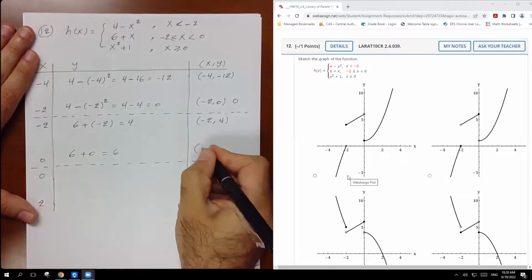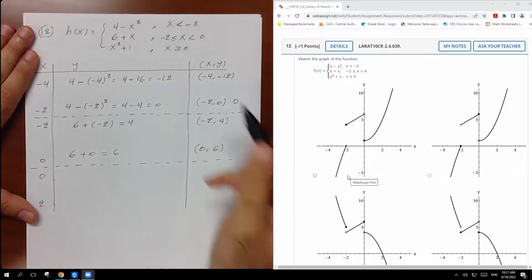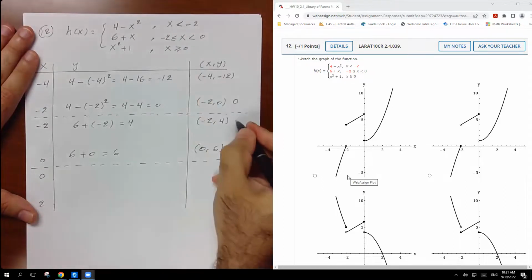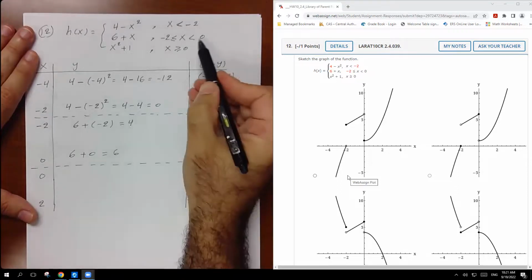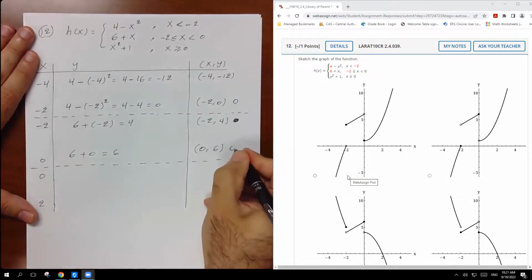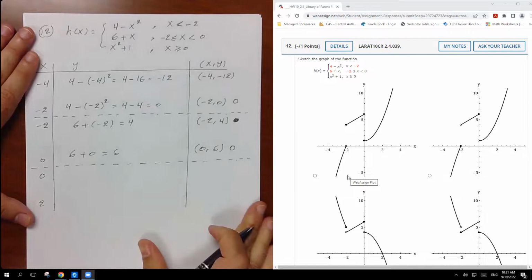So the second point is going to be 0 and 6. Check. This one with the -2, there's an equal sign. So this is a closed circle. With the 0, there's no equal sign. So this one is open circle. I'm done with the second part.